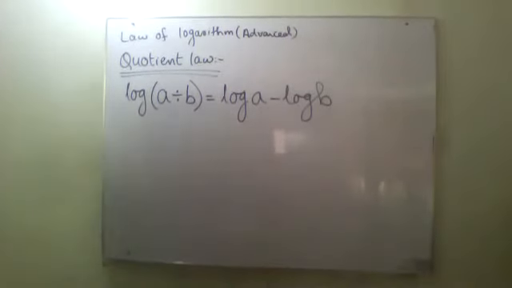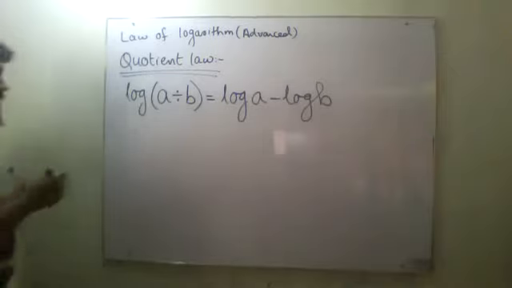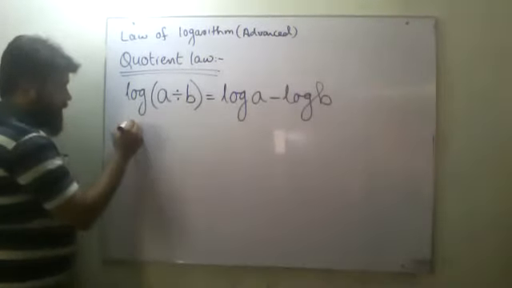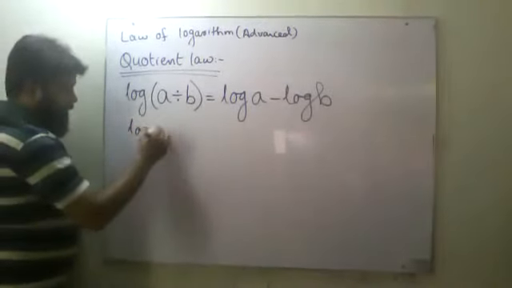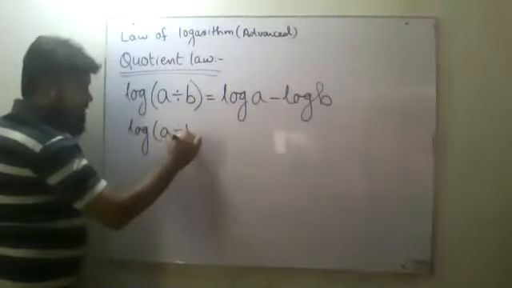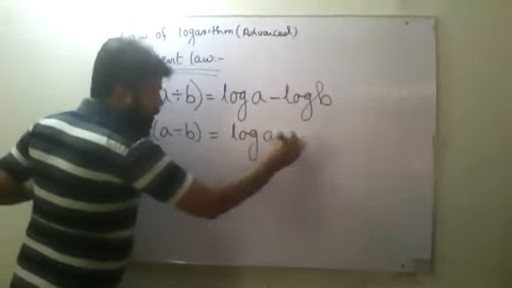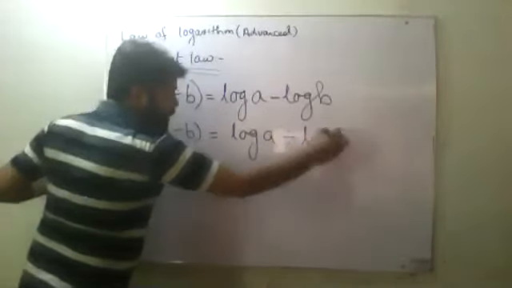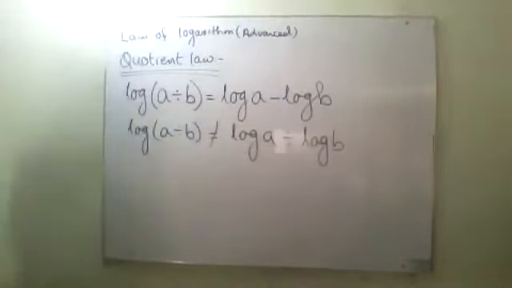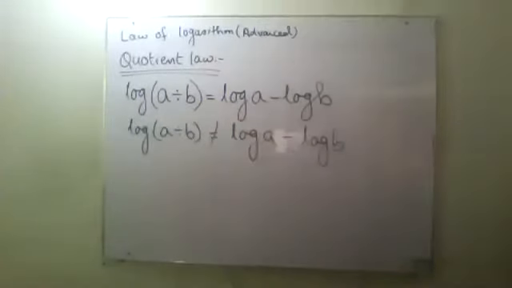And the important thing which you have to take care of is that log a divided by b is not log a divided by log b. It is not equal. These two things are not equal. Okay, first thing, these two things are not equal. You have to be very careful.